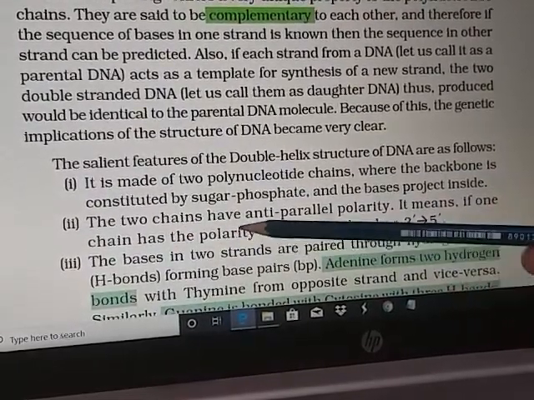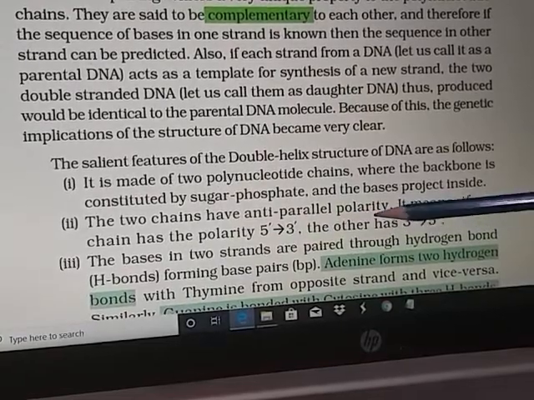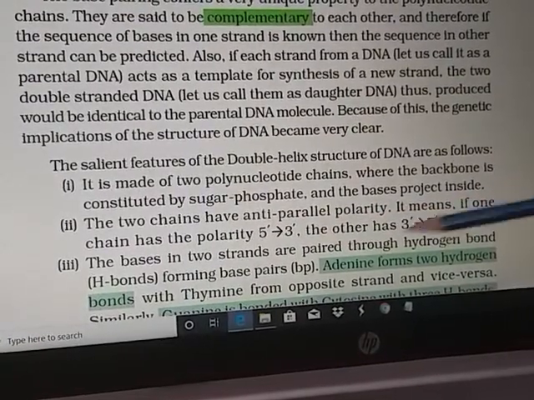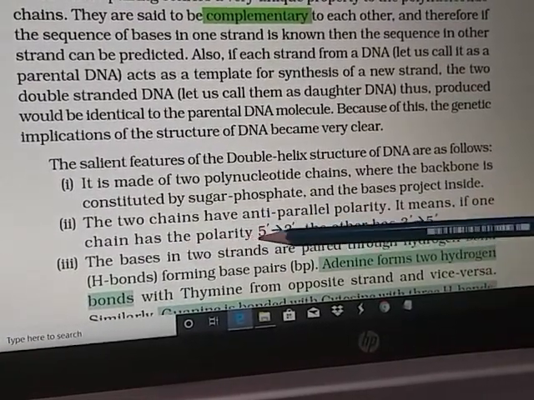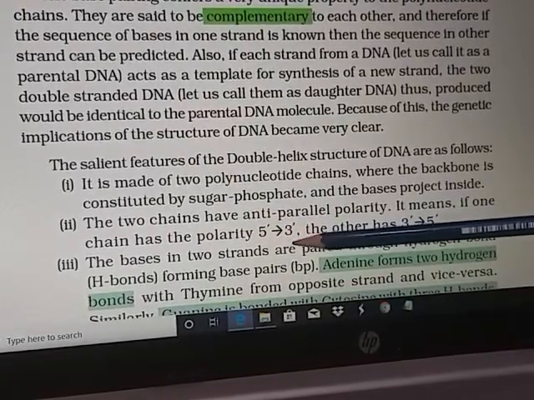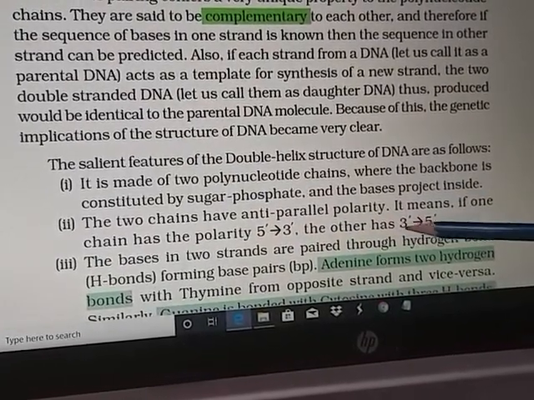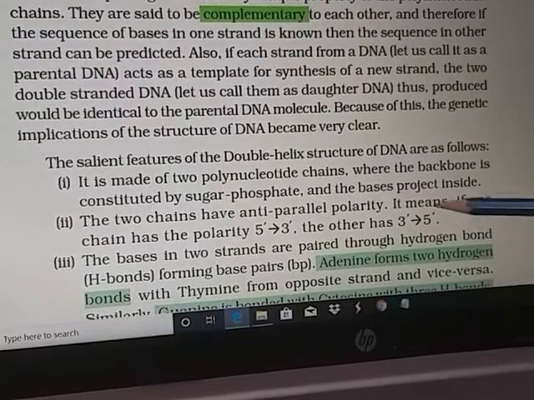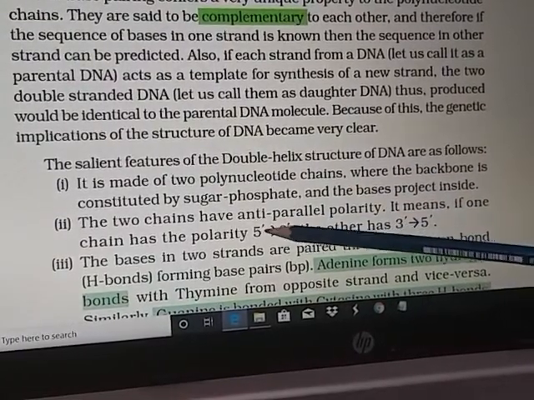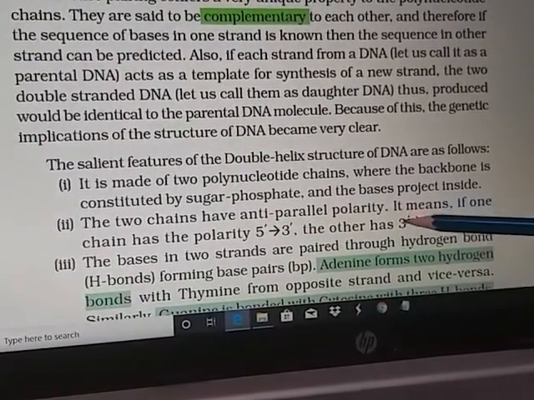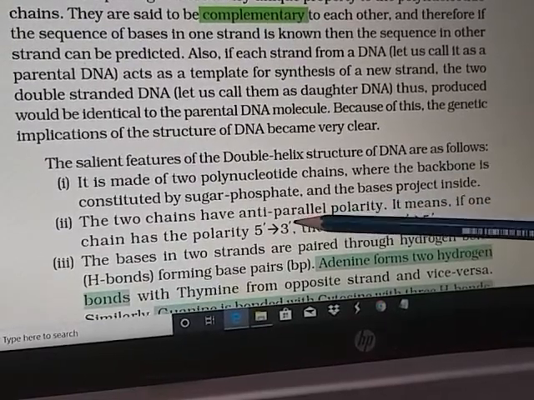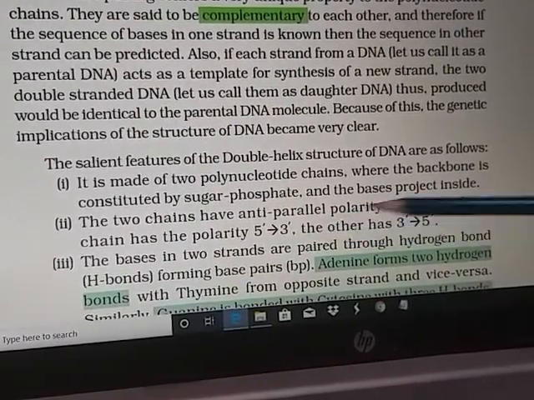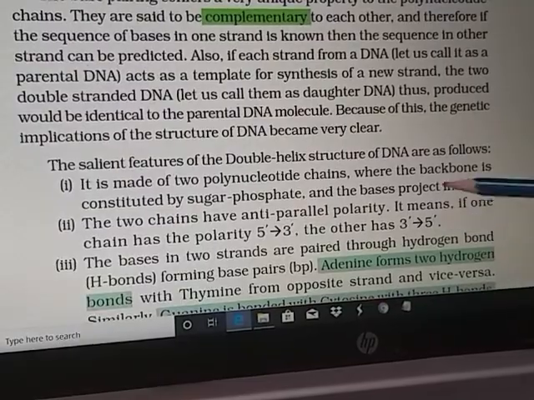The two chains have anti-parallel polarity. It means if one chain has the polarity of 5'-3', the other has 3'-5', meaning the 5' end of one chain will face the 3' end of the other, and the 3' end of this chain will face the 5' end of the other.